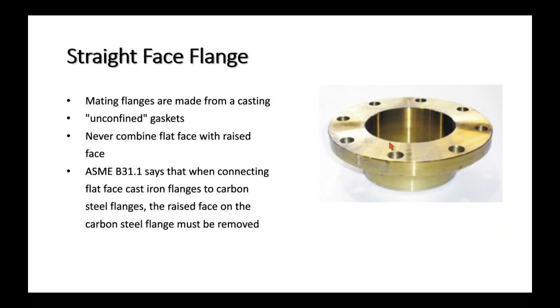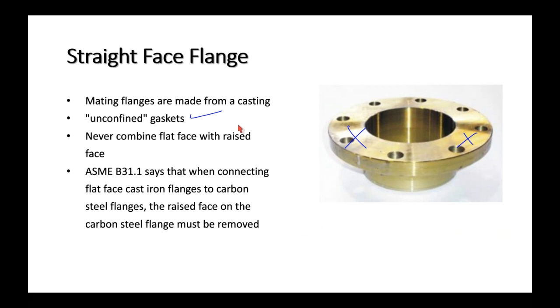So now this is a straight face flange, and this is just bad news. We just want to stay away from these. These would be like, if you've got a large industrial swimming pool where the liquid isn't very high pressure and it's circulating through a filtration system, and these are cheap flanges.